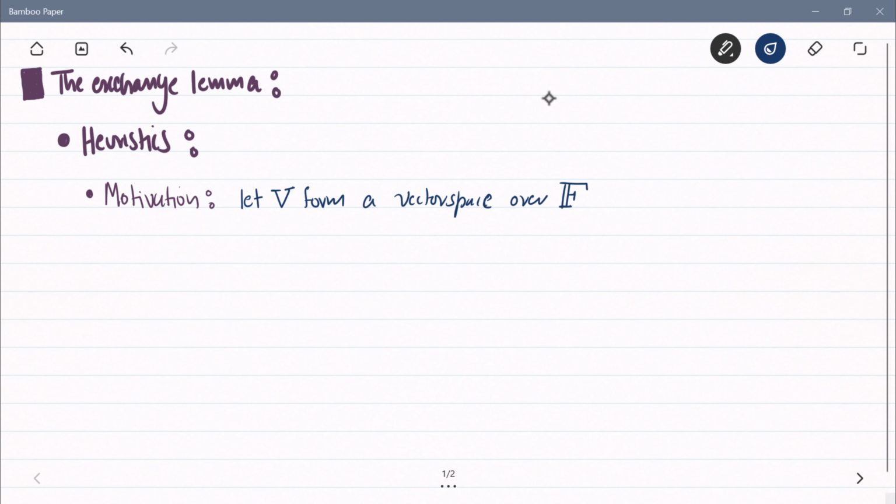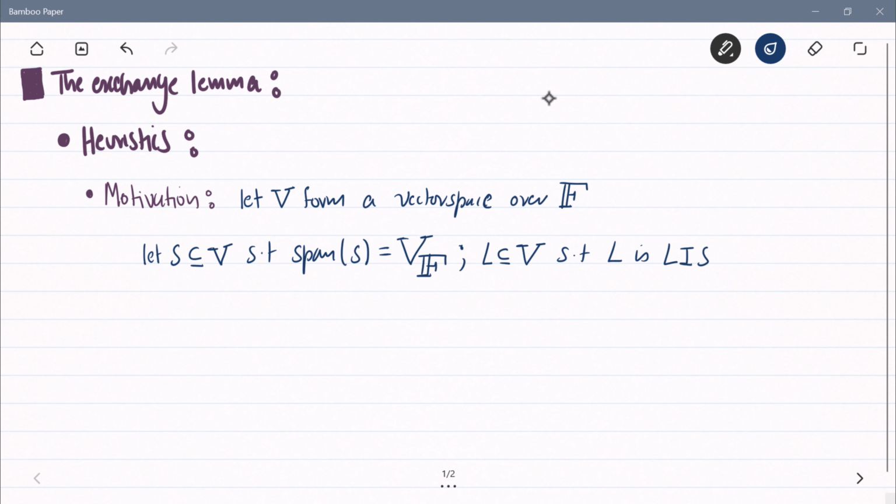So essentially we will be dealing with two subsets of V. One will be the spanning subset and one will be the linearly independent subset, so to say. And another one, obviously the linearly independent subset, that is, L such that L is a linearly independent subset of V, for future reference simply.